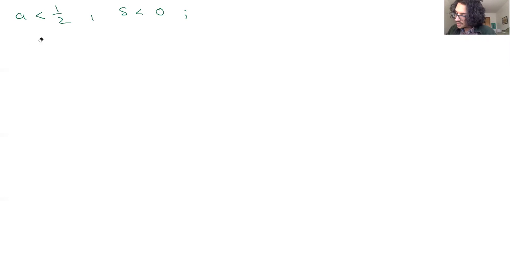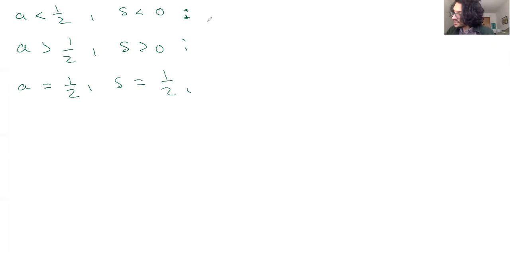So let me leave some space so I can highlight that. What you can show is that in this case, the integral from 0 to 1 of f of y dy is less than 0.